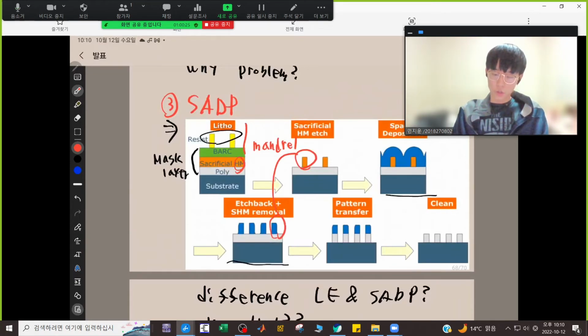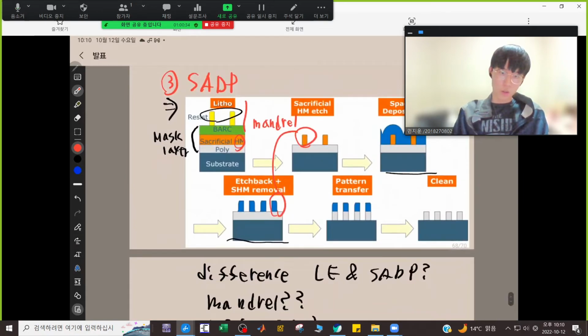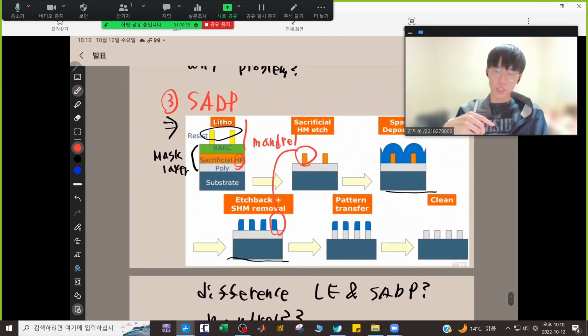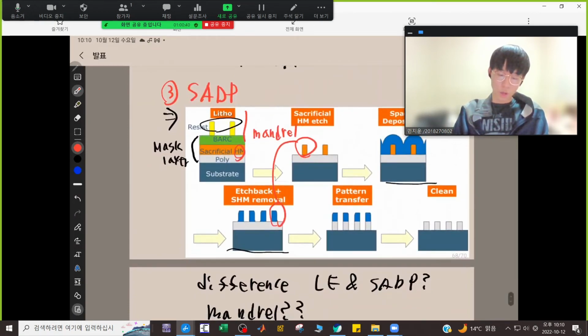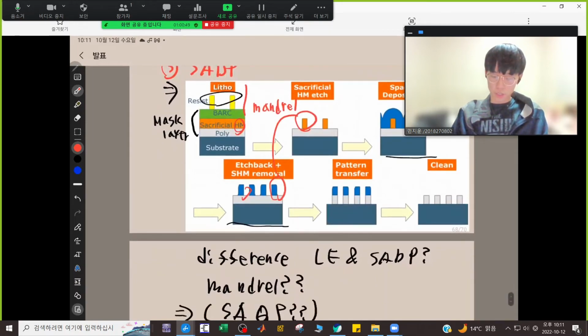And next, we deposit the spacer on the mandrel, and we etch back the spacer by top-down etching and also remove the hard mask. And also using the self-aligned mask spacer, we make an aligned pattern, and next we can get a nano pattern.